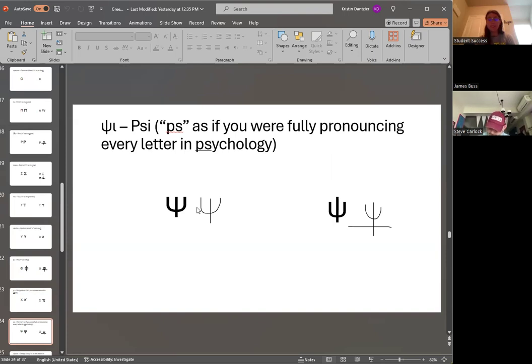It's something that we don't pronounce in English, for example, psychology. That's why it starts with a P. But they probably would have pronounced it, at least long, long ago. The uppercase looks like a trident, and then the lowercase is again just a smaller form of it with a tail that goes beneath the line.